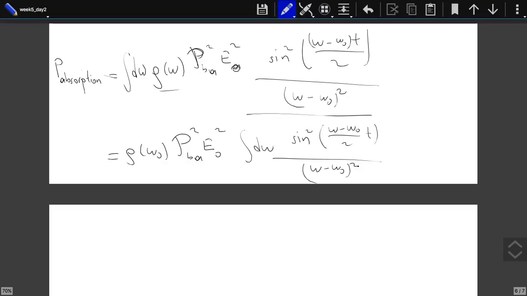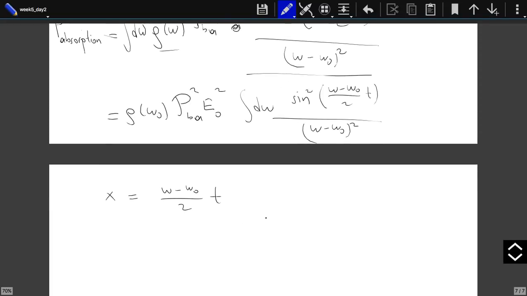Now I can make a change of variable. Let's say that x is equal to (omega minus omega 0) over 2 times t. So d omega is equal to 2 over t times dx. And since again the integral is non-zero only in the close vicinity of omega 0, I can just set the integral of omega from minus infinity to infinity, or 0 to infinity, whichever one you like. The value of the integral will not change.